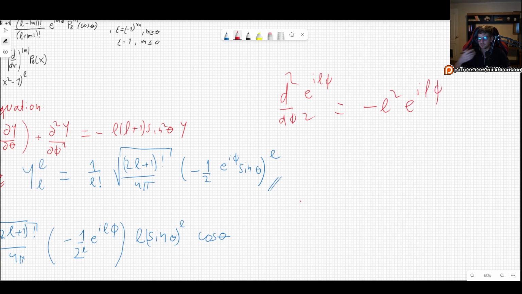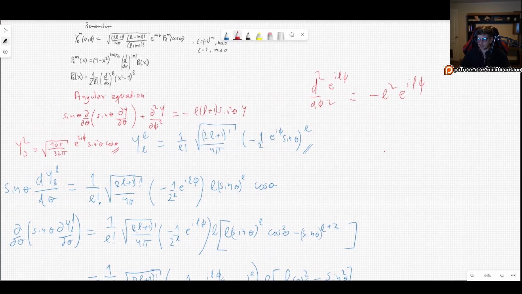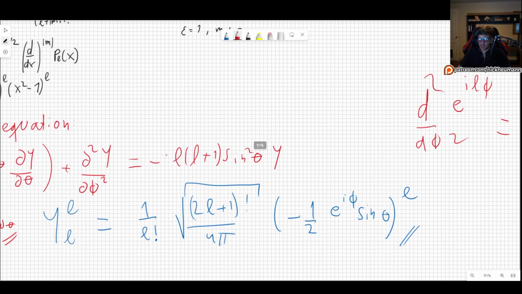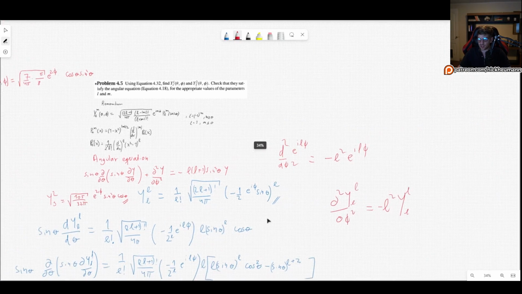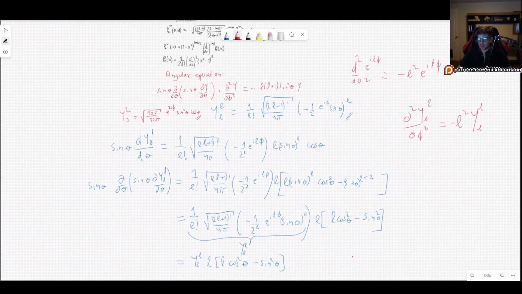We get exactly the same thing as before, right? So d squared Y d phi squared is simply minus L squared times Y. Of course, this is for the case LL. So that's pretty simple. And then finally, we have this quantity right there. I think that we are now in a position to put everything together.